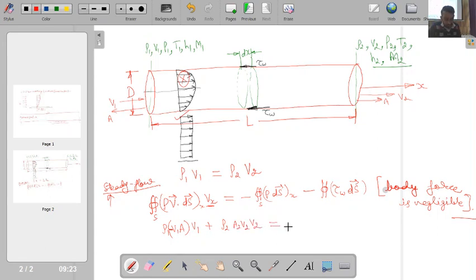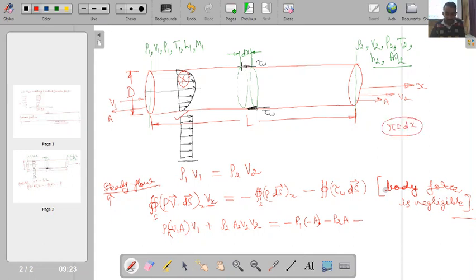This will be equal to minus of P1 with dsx in the negative direction, so minus of A for the left face, and for the right face I will get minus of P2 and the area is in the positive direction, so A. And then minus of tau w into integral ds. This ds area for tau w I can write as pi d into dx.